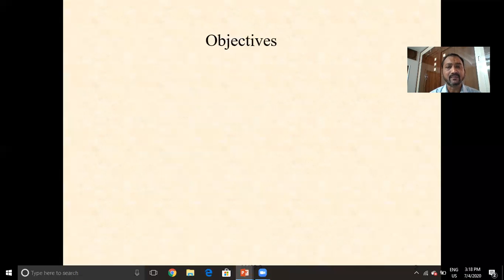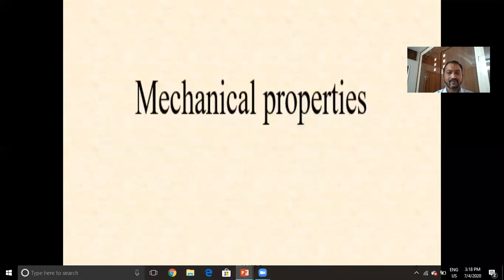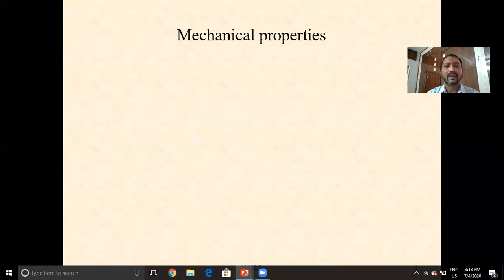Now coming to the present class, we are going to discuss the mechanical properties of a material, along with some problems on stresses and strains. The first one is the mechanical properties.